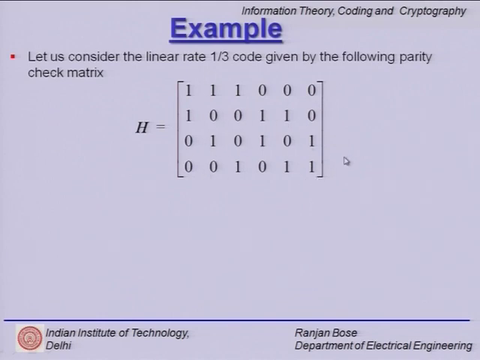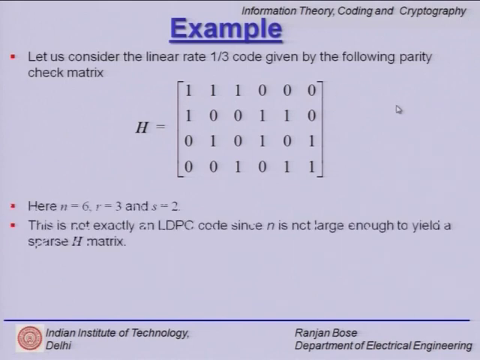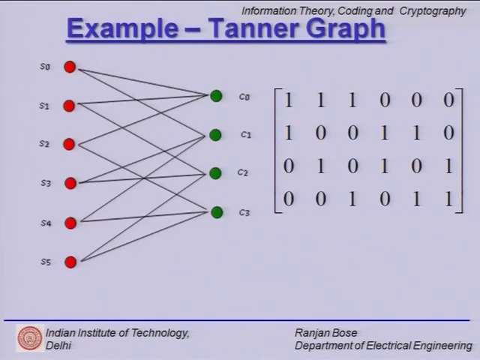So, for this, even though in the truest sense it is not a sparse matrix, at least it fits the slide, and we are not going to go for a much larger toy example here. So, n is equal to 6, r is equal to 3, s is equal to 2. Okay. But we have said, n is not large enough to yield a really sparse H matrix, but we will live with it.